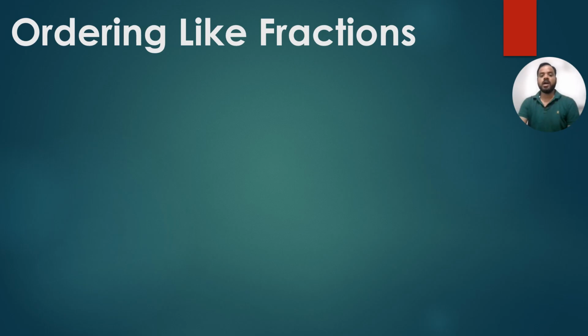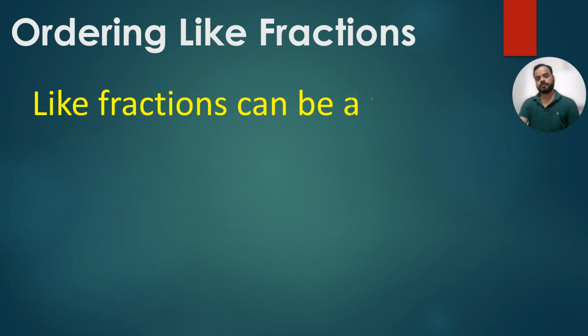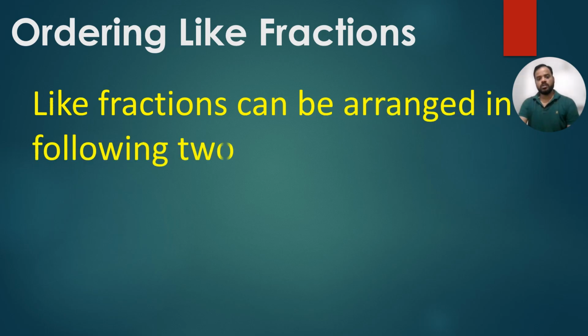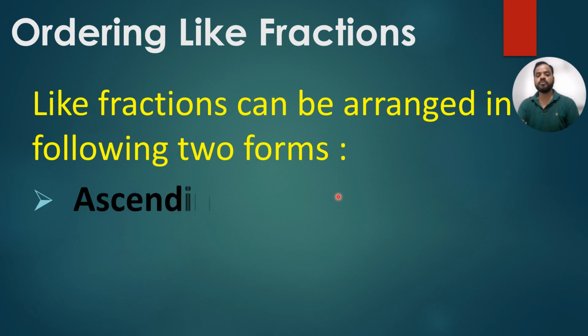Now we will see how to order like fractions. Means we will understand the arranging order for the like fractions. Like fractions can be arranged in the following two forms. So what are those two forms?